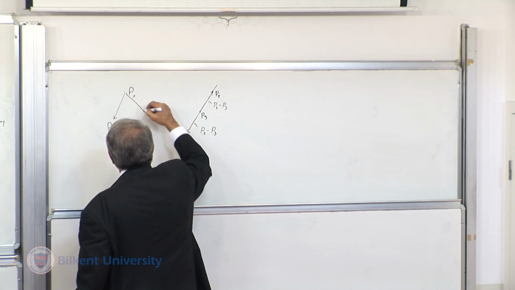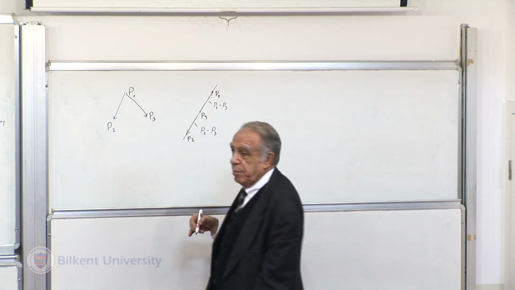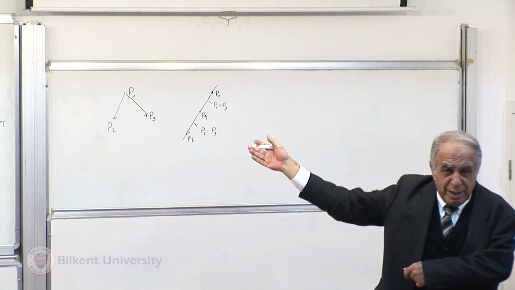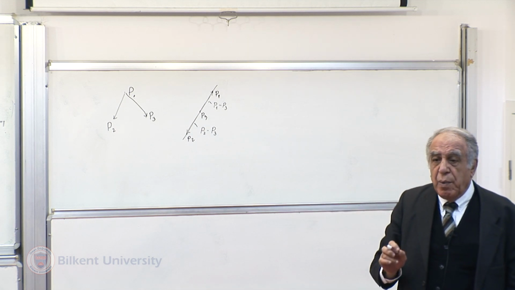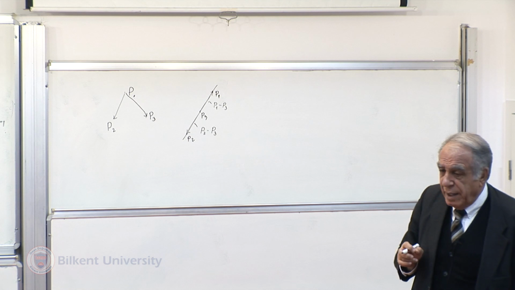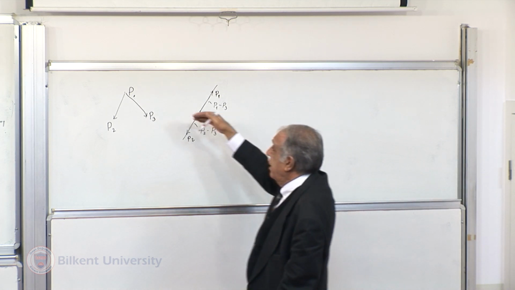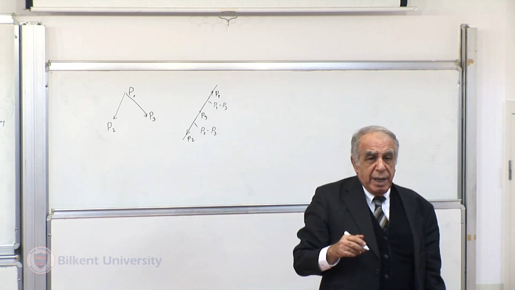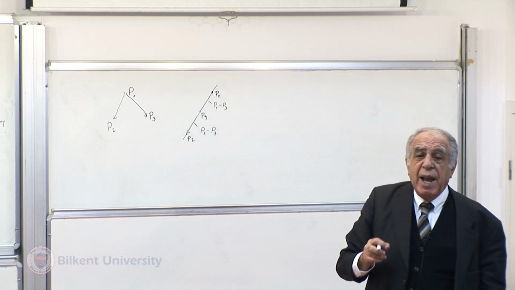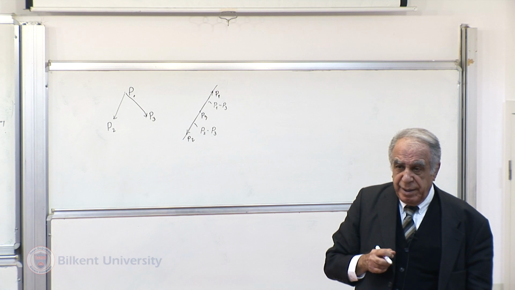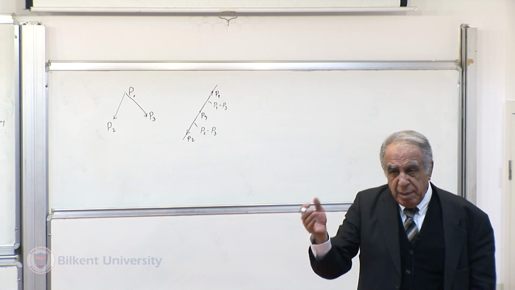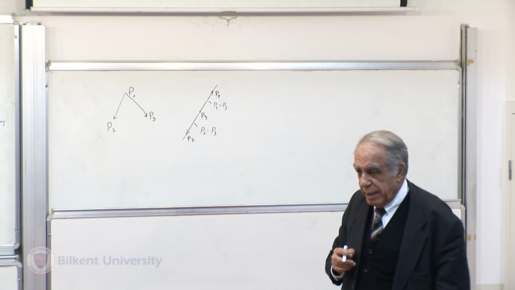P2 minus P1 and P3 minus P2. Pictorially, these 2 vectors will be linearly independent. So we will refer to that as the original collection, P1, P2, P3, being affinely independent. So we'll introduce the notions of affine independence and affine dependence.